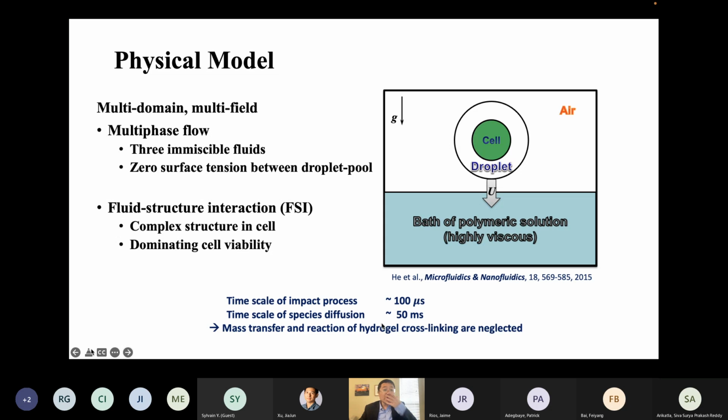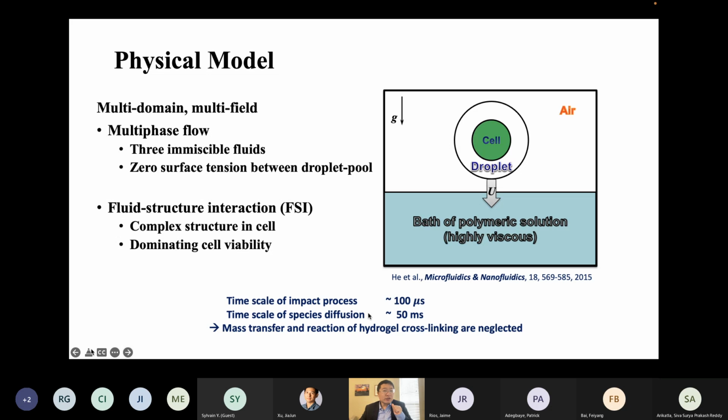Because they are largely different, we can assume that the mass transfer and reaction of cross-linking are neglected during this process, because we only model the very small time scale for the impact. That's why the cell viability is determined in this 100 microsecond harsh time. So we are going to just see this harsh time.